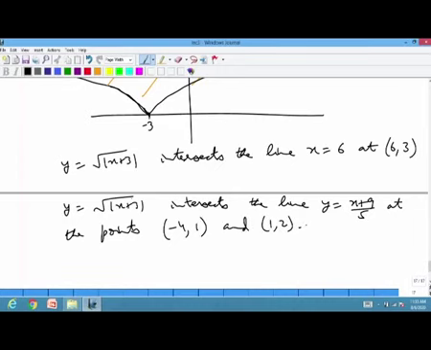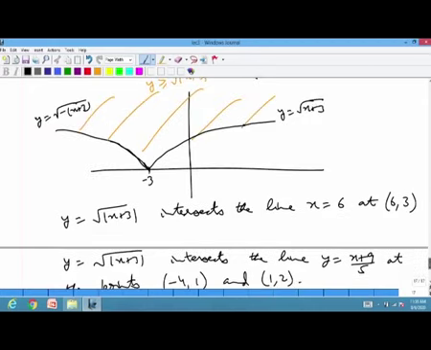This is by equating square root of mod x plus 3 equal to (x plus 9) by 5, and then you can square and you can find this point of intersection.